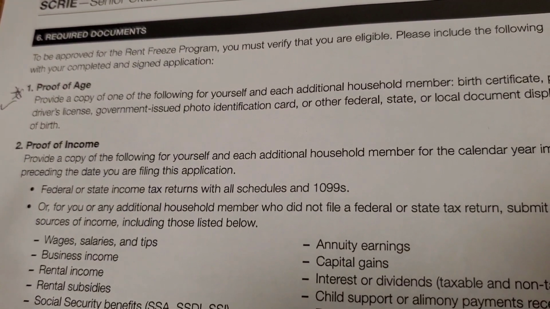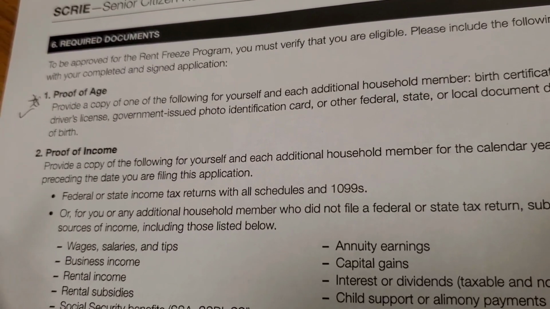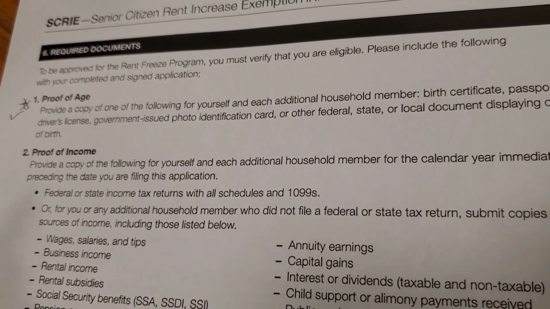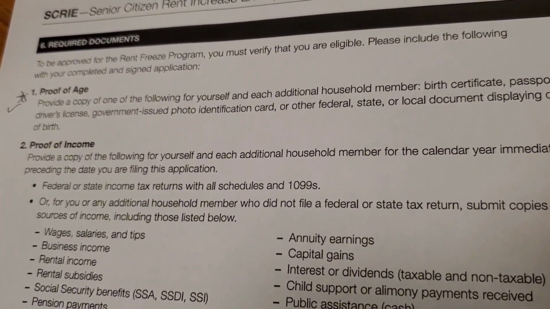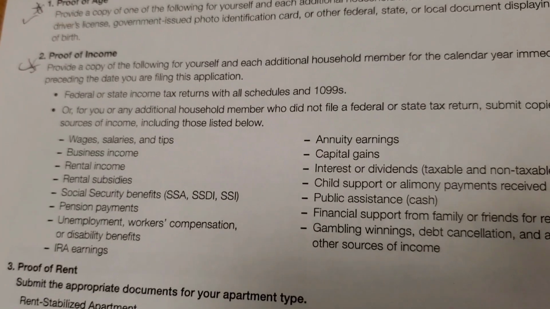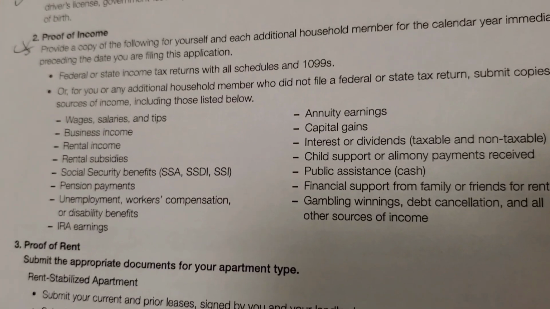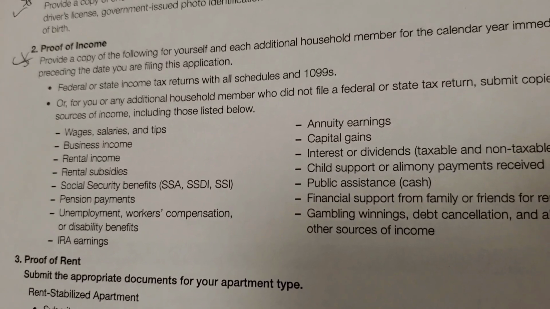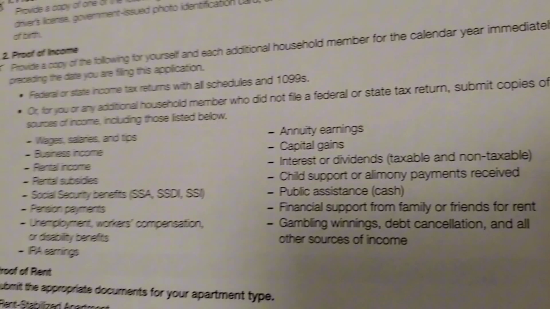You could use a government issued ID card or a federal, state or local document that shows your date of birth, or a birth certificate or passport. And also you will need proof of income. They list all these things that you could use for proof of income: wages, salaries, tips, business income, rental income, IRA, all of these listed.